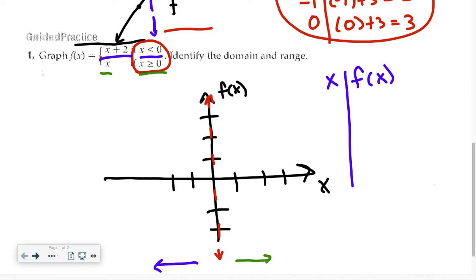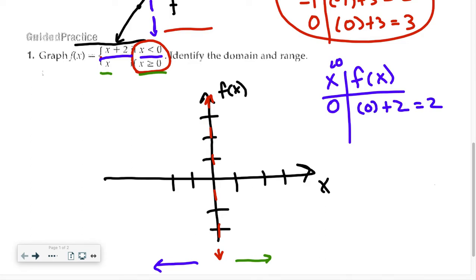Certainly our table doesn't need to be that big. We only need a couple of points. These are linear, so we only need 2 points to make our line. X plus 2, so let's plug in 0 again. We need numbers less than 0, so we'll do an open circle when we do get 0, but substituting in 0, we get 0 plus 2 is 2.